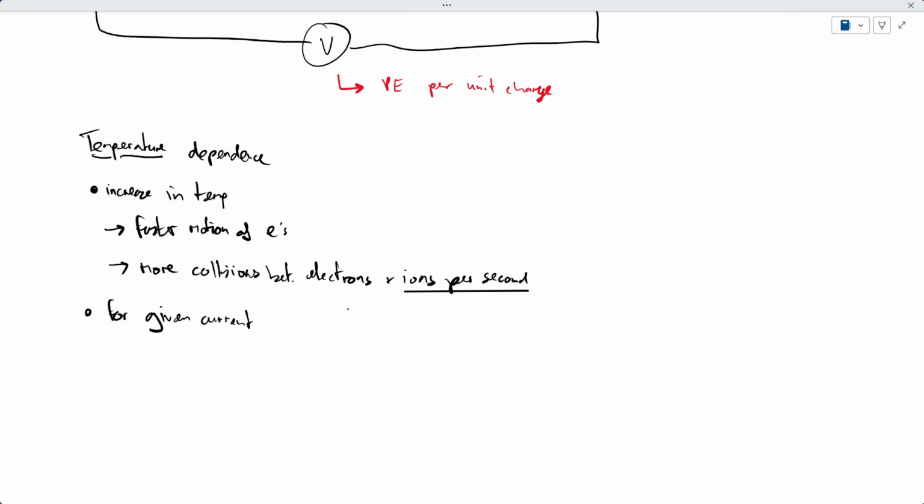So for a given current, if I have the same amount of charge passing per second, but it's losing more energy per second, that means each unit of charge is losing more energy to the ions as it passes through. So I could write that as greater energy transfer. The energy isn't lost, we know where it's gone. It's been turned into heat, it's been turned into vibrational energy in those ions.